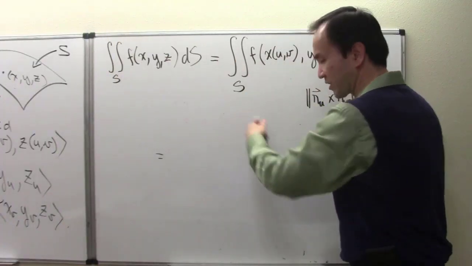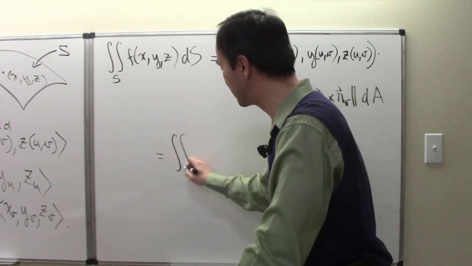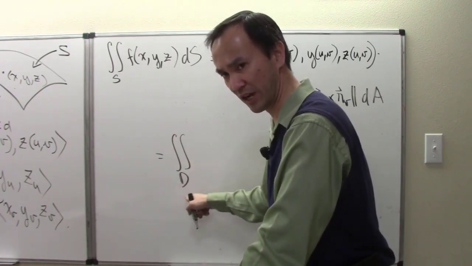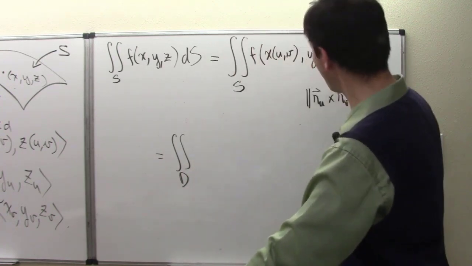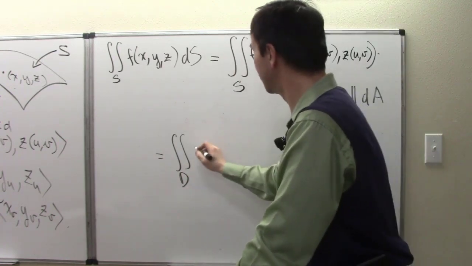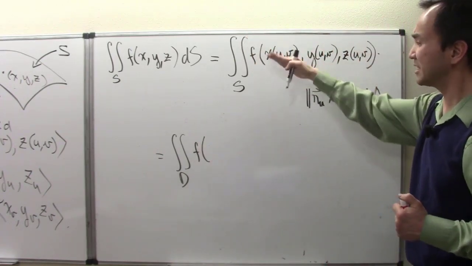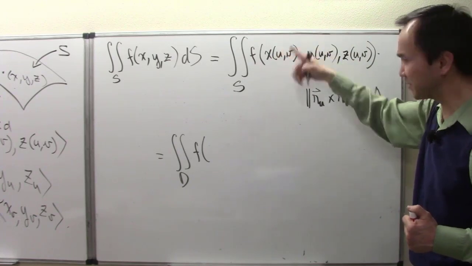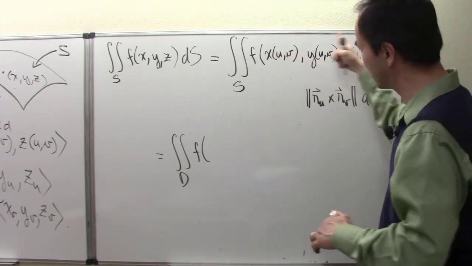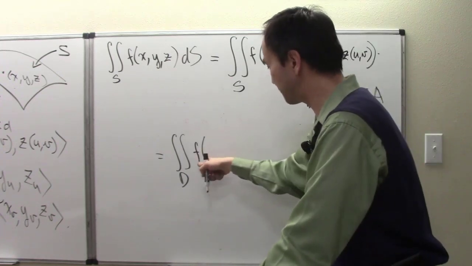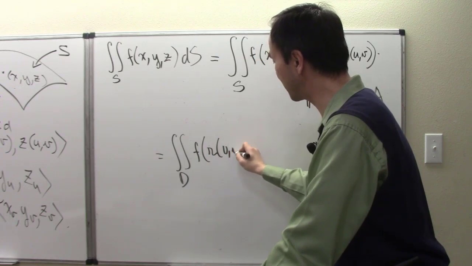In that way, this surface integral can be re-expressed as a double integral over some domain D, which I will explain. A shorter version of this can be written as f of, and why waste so much effort, this was just to make it clear for the audience, but more generally many textbook authors write this as the function at a general point r of u comma v.